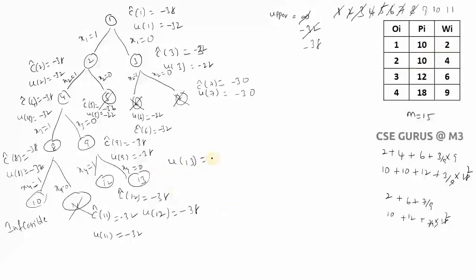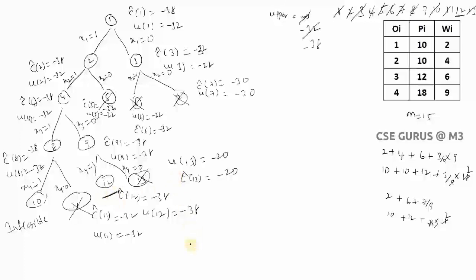So minus 20 you will get, here c cap of 13 is minus 20. Minus 20 is greater than minus 38. Yes, kill the node 13. So here 13 will be killed, 11 will be killed, and what about 10? 10 is infeasible, and finally 12 is our answer node.